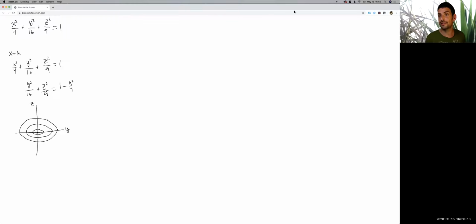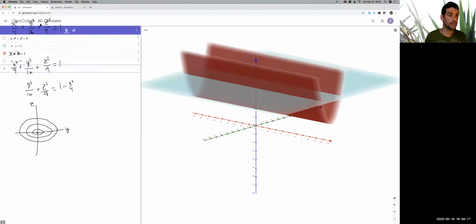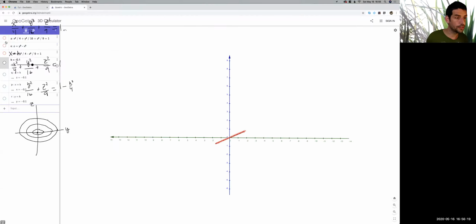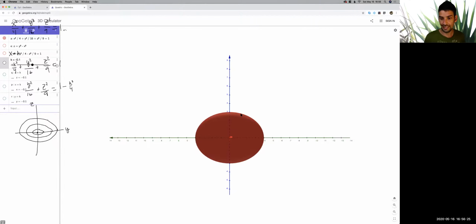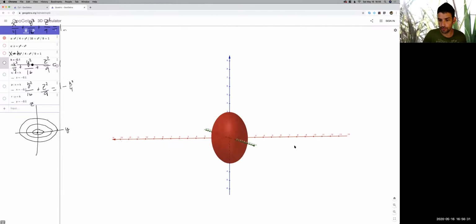So let's see that with a little more clarity in the graph. So now I want to look at this one. So here is our shape. I'm looking down the x-axis right now. So let me turn it around so it's the right orientation.